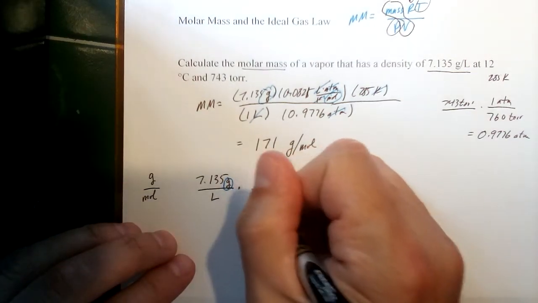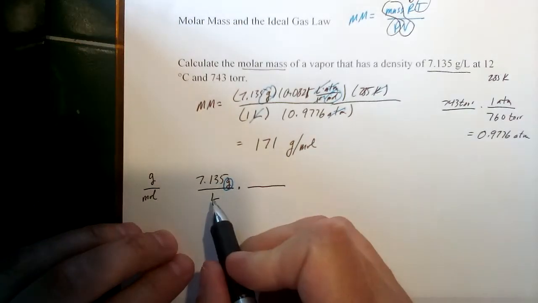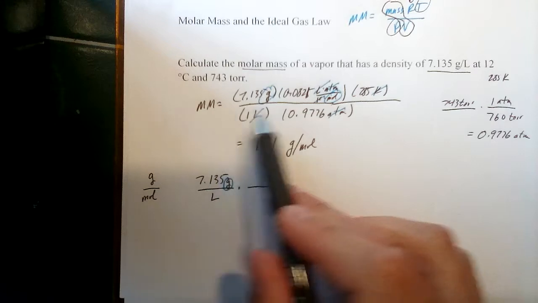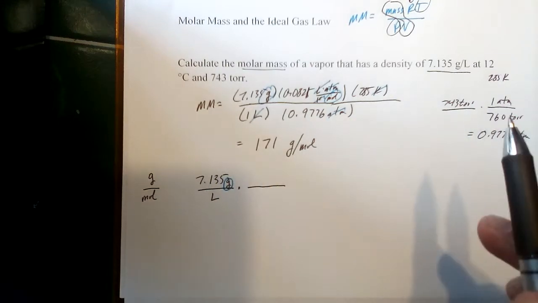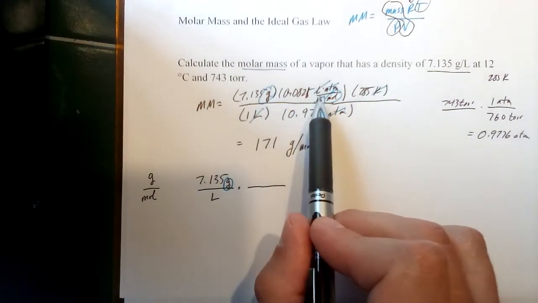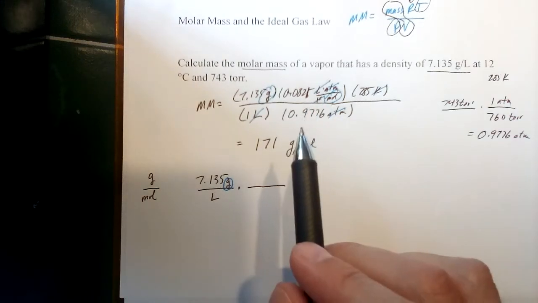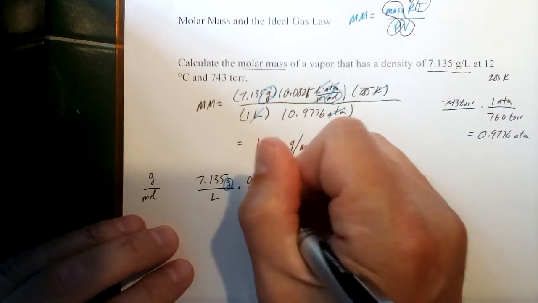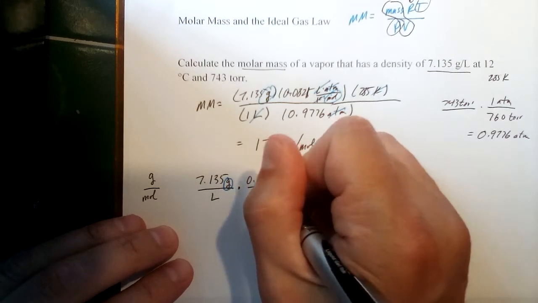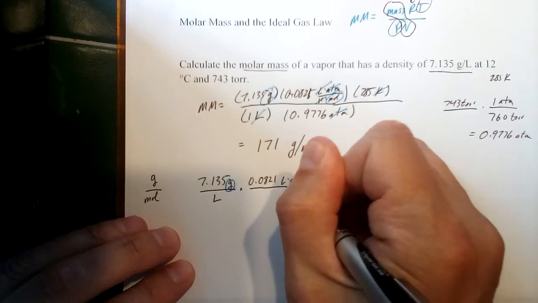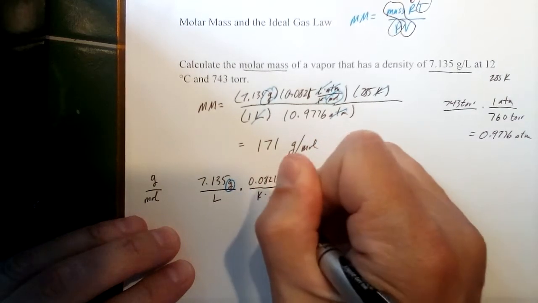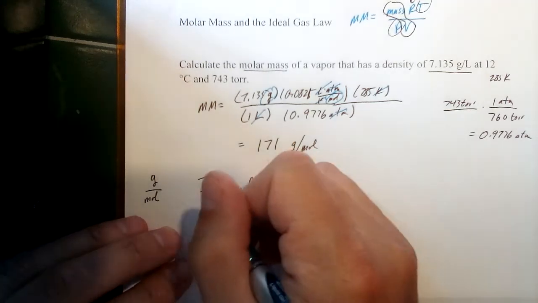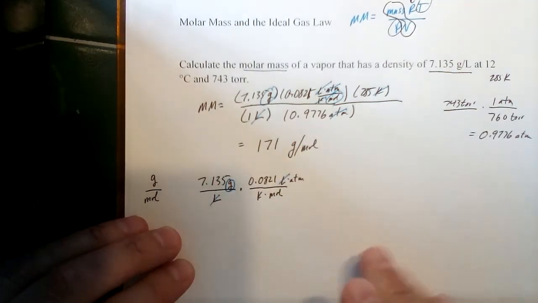So I want to look at the rest of the information I have for the problem. What can I use to cancel out liters? I don't have any other volume information, but there is liters in my gas constant, 0.0821 liter atmospheres per Kelvin mole. So if I put that gas constant in next, I have now canceled out liters, just like we do with dimensional analysis.